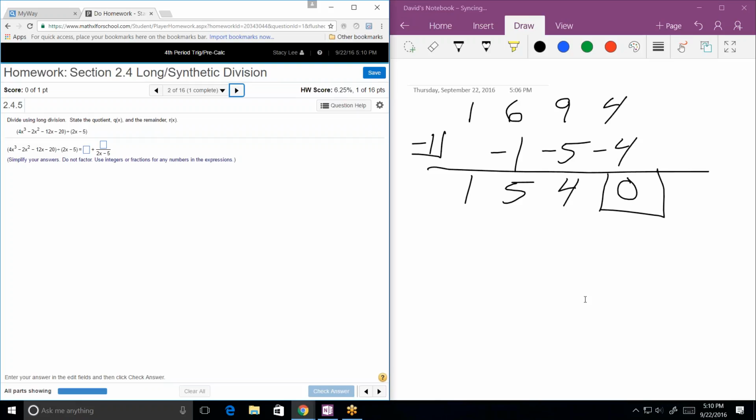This one, there are also no dummy variables. I can do this two ways. I can do it by long division, or I can do it by synthetic division. If I do it by synthetic division, what goes in the box? It would be 2.5, right? Yeah, or 5/2.